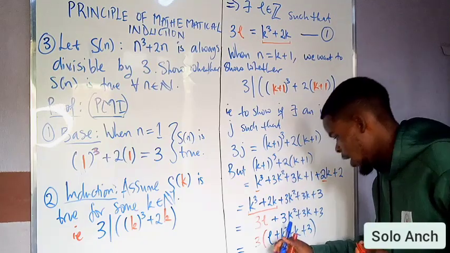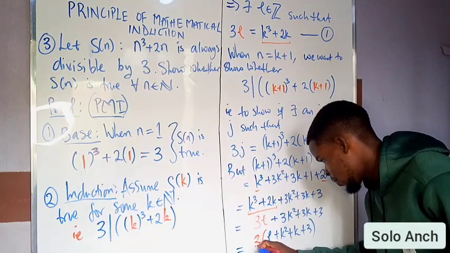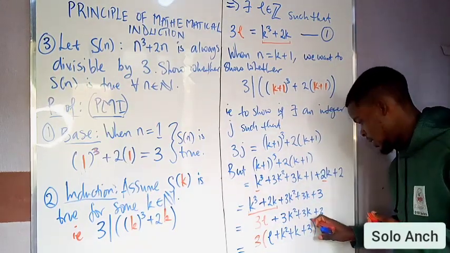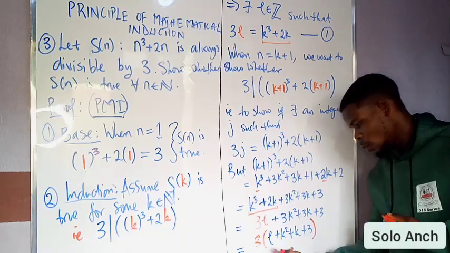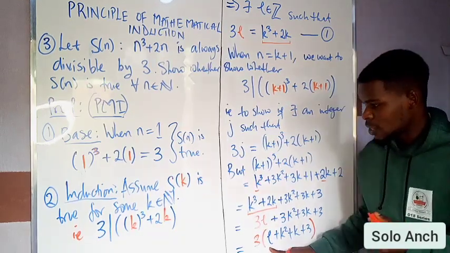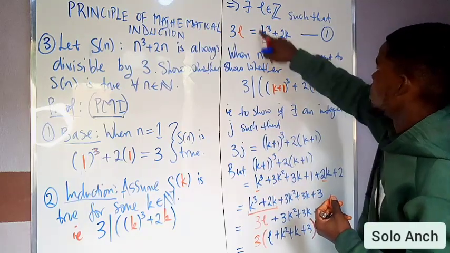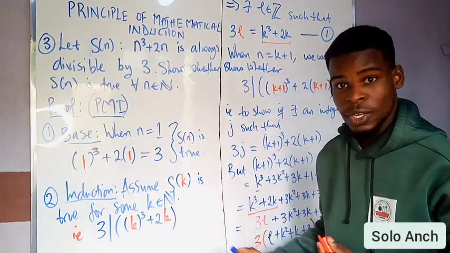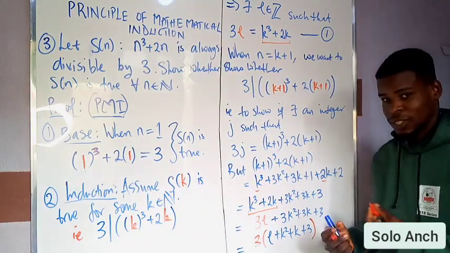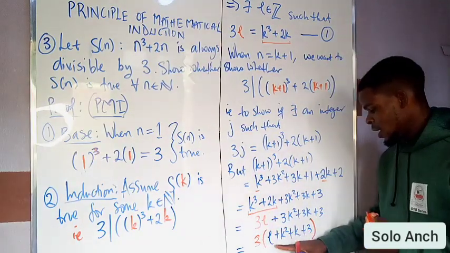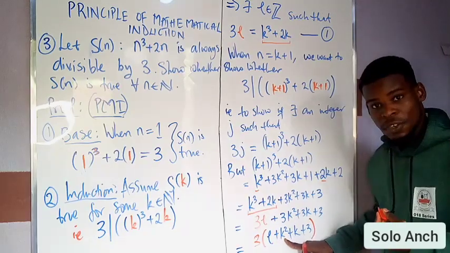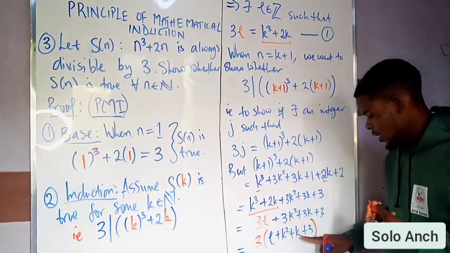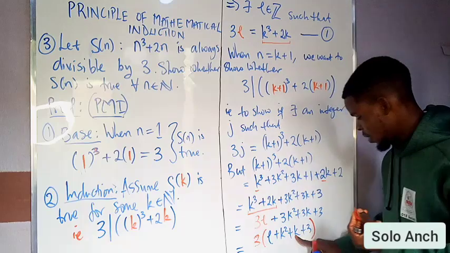Good. Now, what does this mean? This is a 3 outside multiplying something. What is this? L here, we said L should be an integer. We know that k already is a natural number, which is a whole number. So L is also a whole number. The square of a natural number will be a natural number, and the sum of two natural numbers will be a natural number.